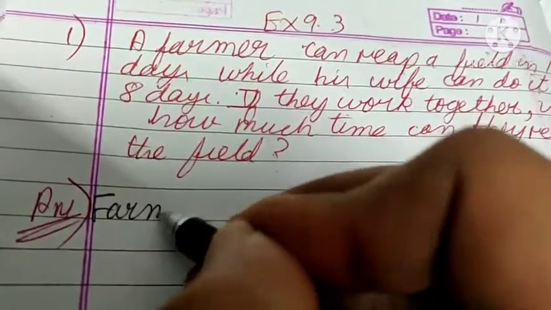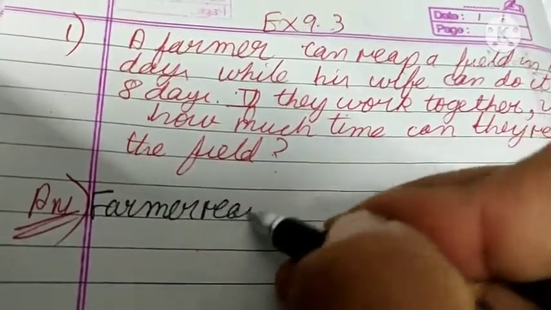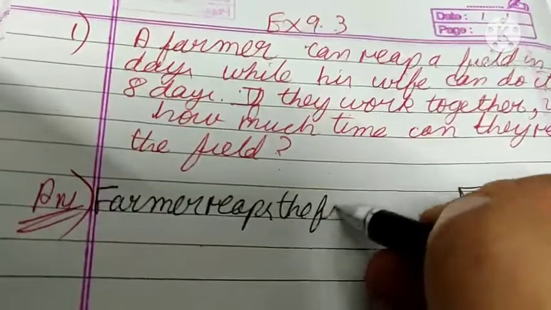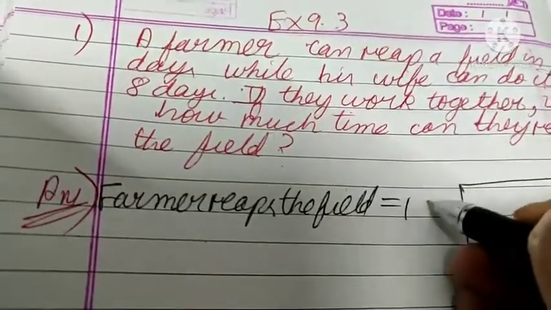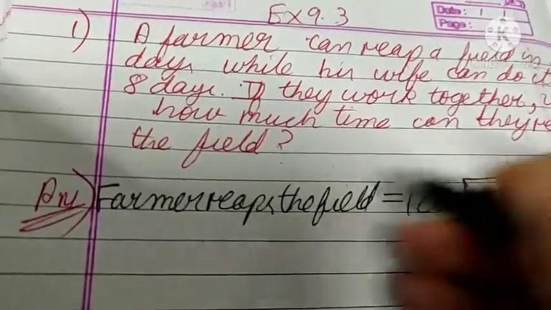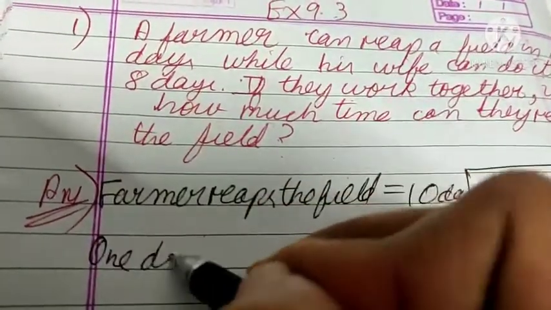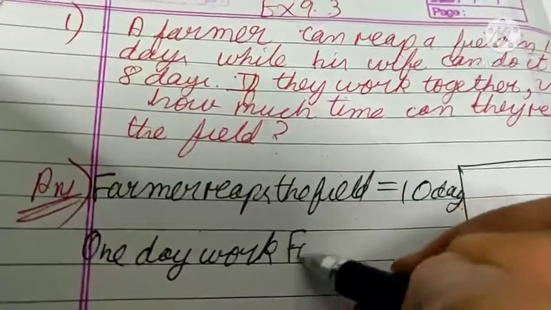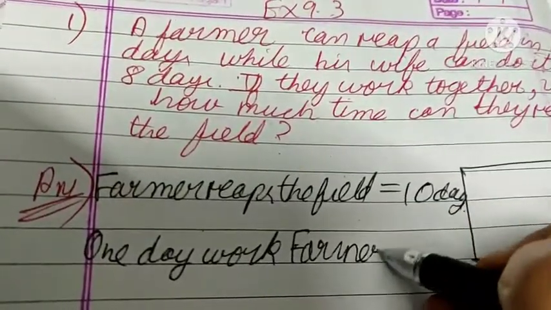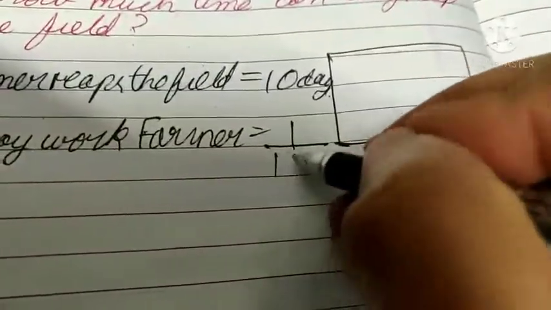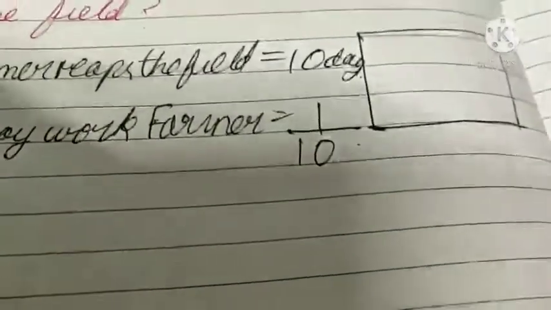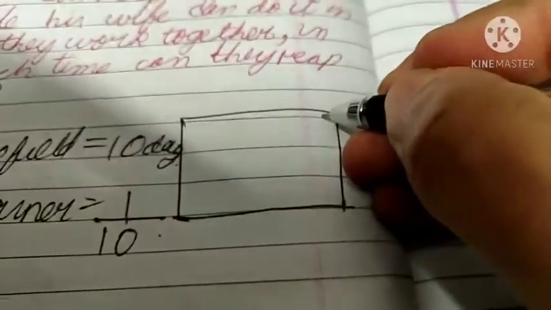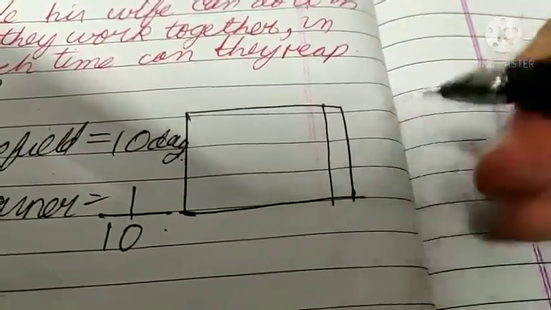Farmer reaps the field in 10 days. 1 day work of the farmer is 1 upon the total number of days. Okay, 1 upon 10 is the 1 day work. Means in 1 day the farmer completes this much portion of work, 1/10.